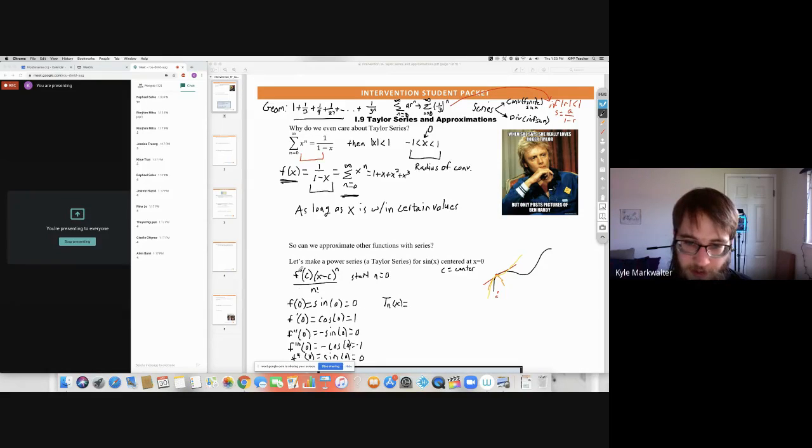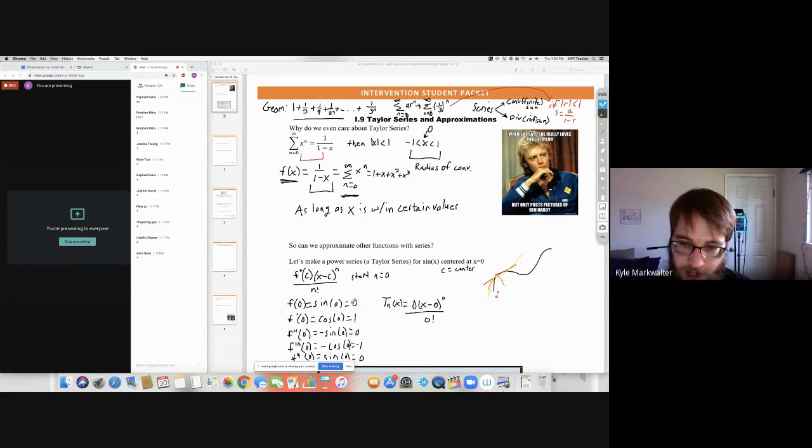We have all of our f to the n values. So I'm going to write out the annoying looking one, and then we can make it look nice. I start with the 0th derivative. F of 0 is 0. Then you'd have x minus 0 to the 0 over 0 factorial.